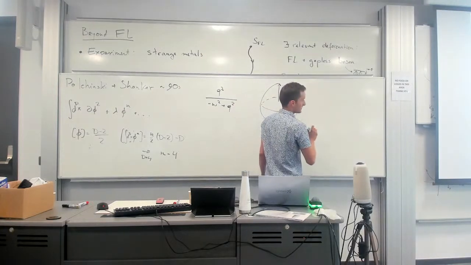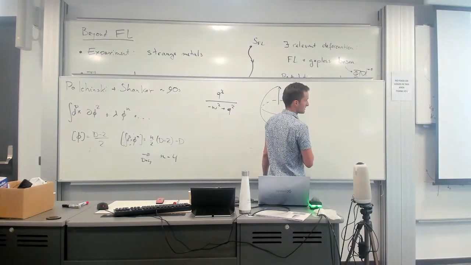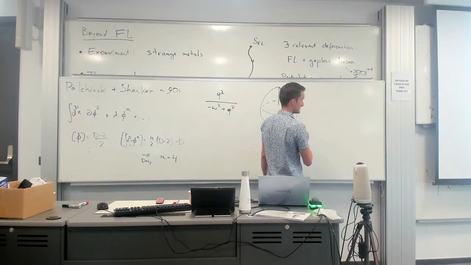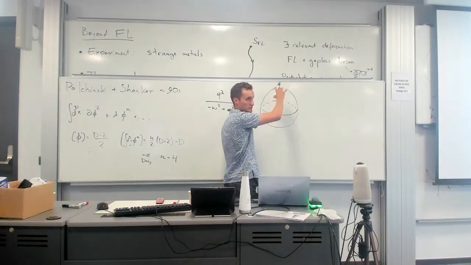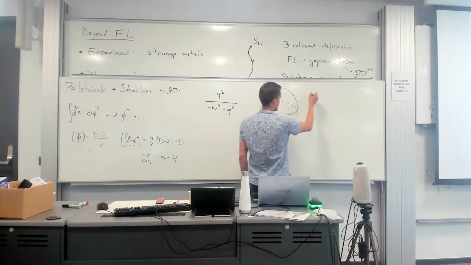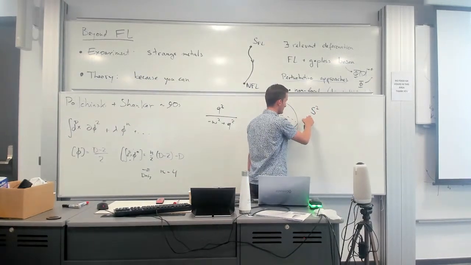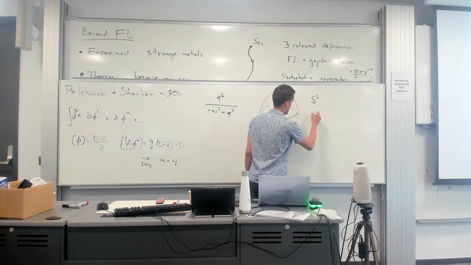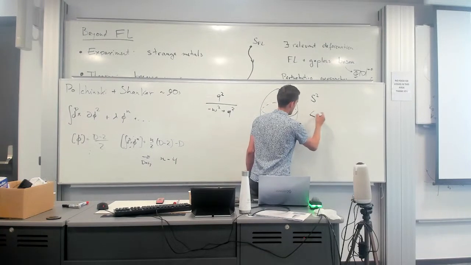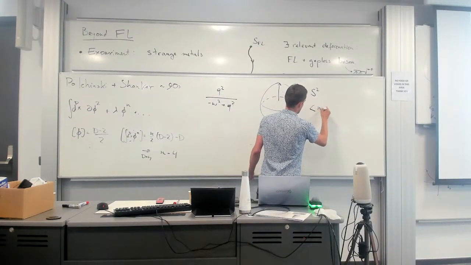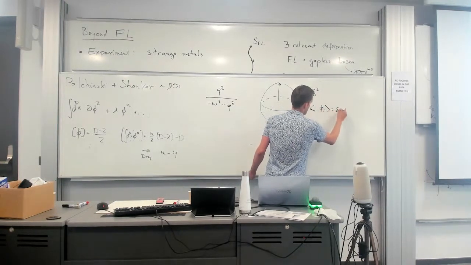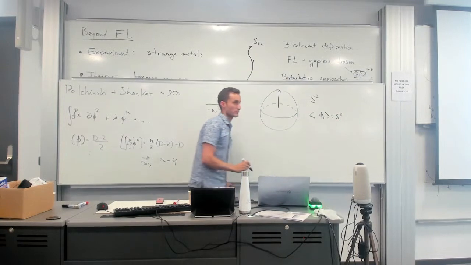The Goldstone manifold is basically the action of SU(2) on this order parameter, which is the sphere. So this is the coadjoint orbit of, let's say, this order parameter under the group.